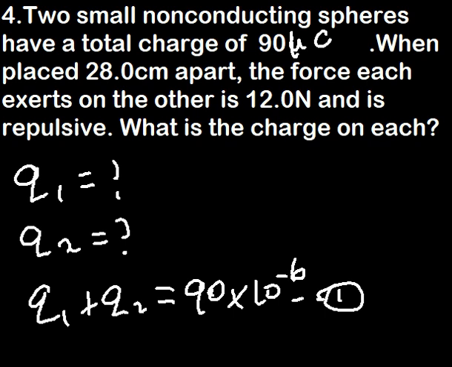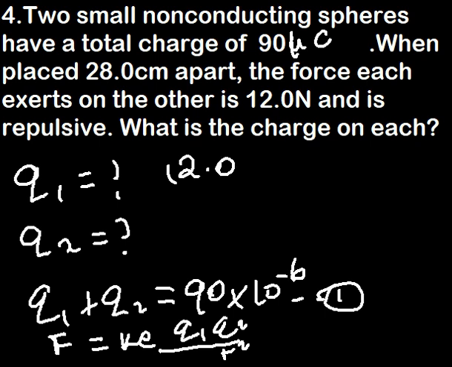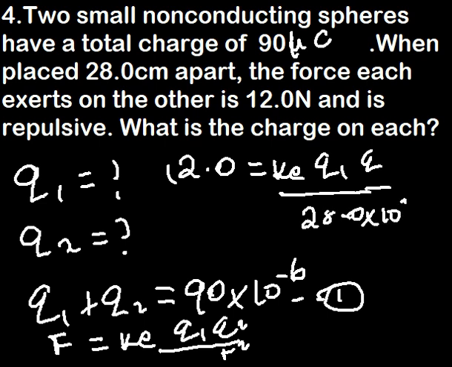So these charges are like charges, but we don't know whether they are negative or positive. Now the force is given as KE times charge 1 times charge 2 divided by the separation distance squared. So 12.0 equals KE, whose value we know, times Q1 Q2, which are unknown, divided by 28.0 times 10 to the power -2, squared, of course.